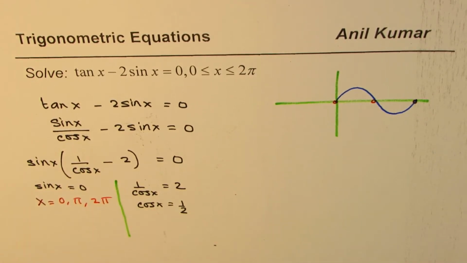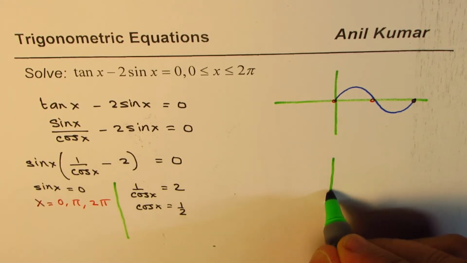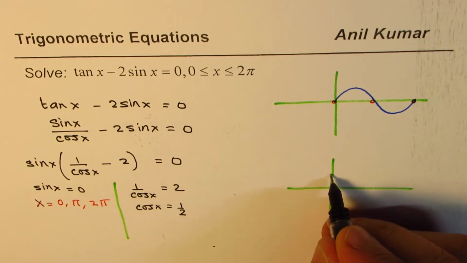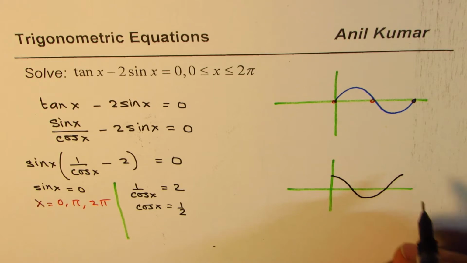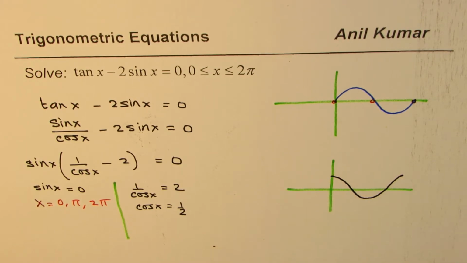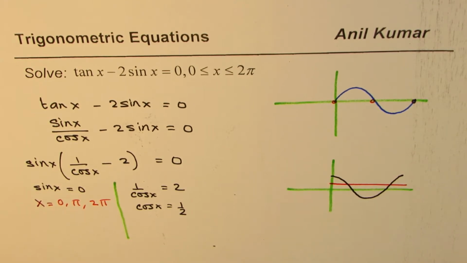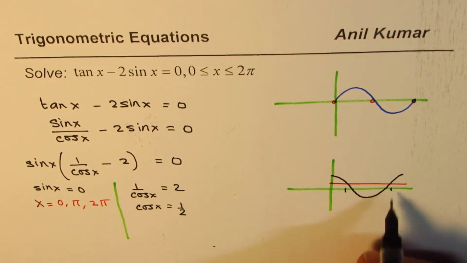Is that okay? The other one is cos x equals half. So cos x equals half will be kind of a graph like this. These are all very approximate drawings. But we are saying cos x equals half, let's say this value. So we're looking for two solutions there also, right? So 1 and 2.